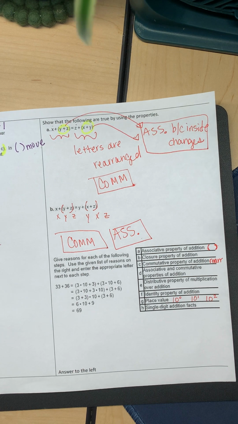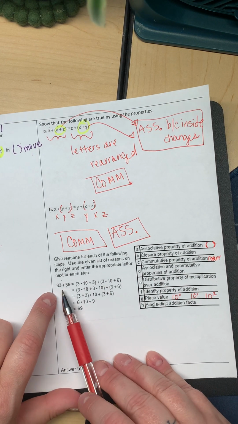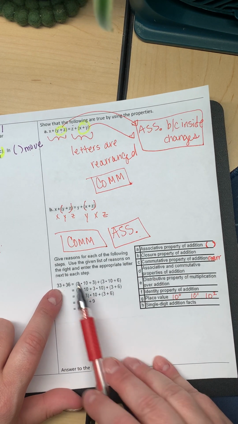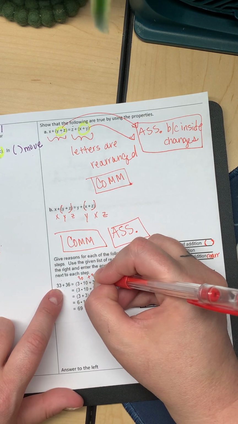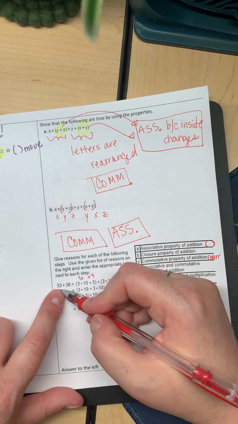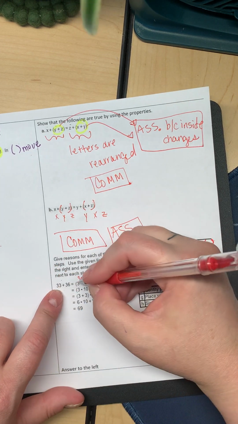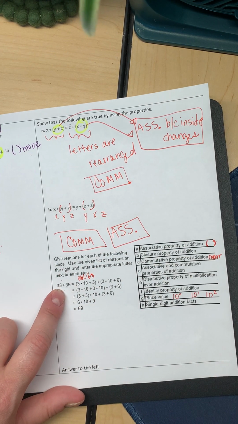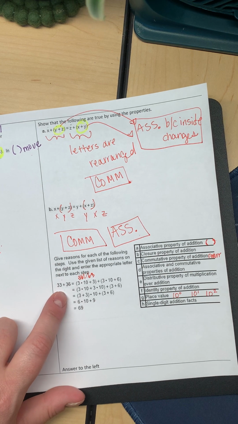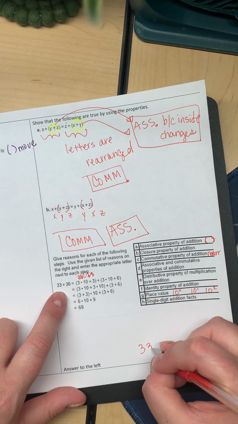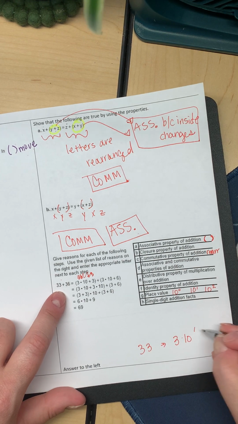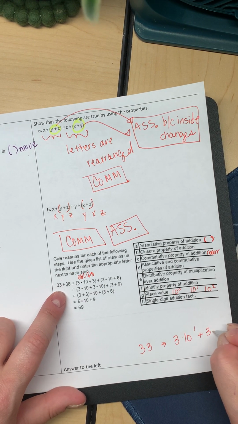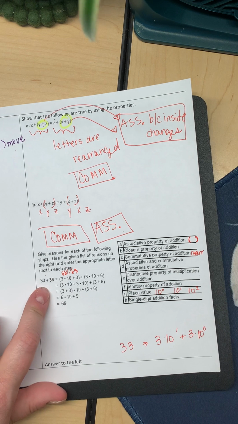Okay, so let's look at this first line. It looks like they changed 33 to 3 times 10, which is 30, plus 3. Okay, well that right there is nothing but place value. All they did was change that 33 to 3 times 10 to the 1, plus 3 times 10 to the 0.